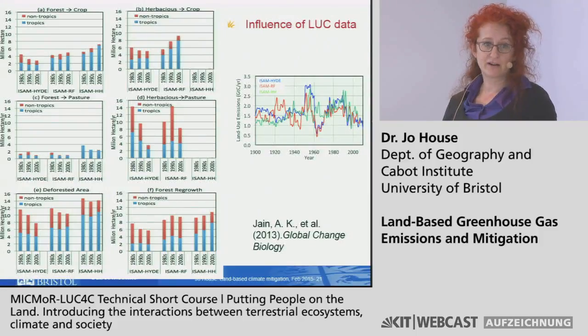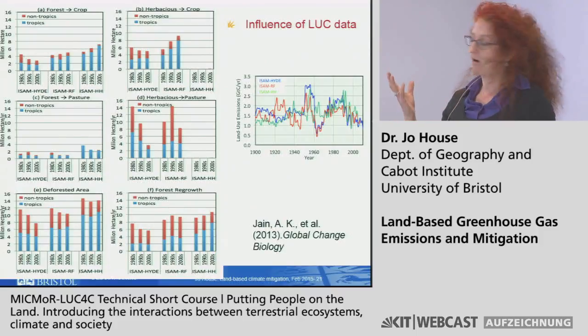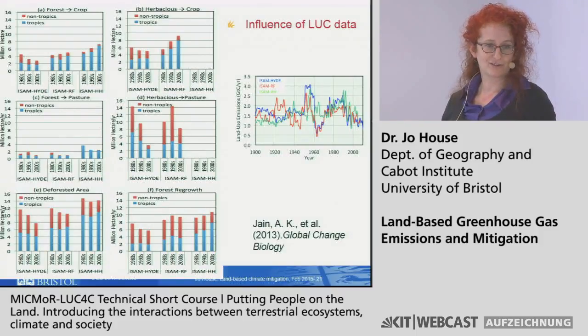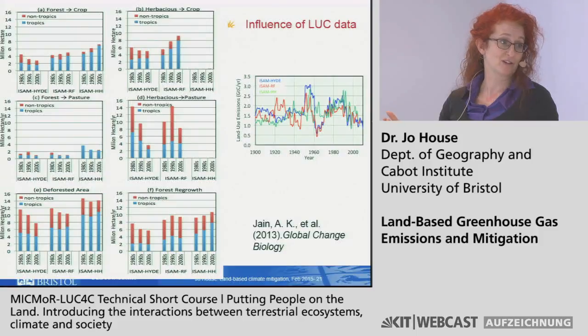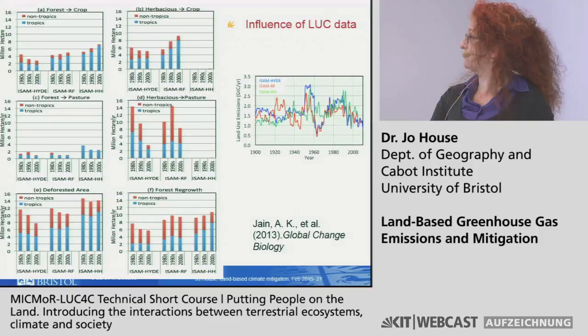So he looks at forest area change and then makes assumptions about what that means in terms of agricultural change. So you lose forest, you've gained cropland. Whereas the HYDE data set is based on agricultural change and then assumptions about whether that increase in crop area came from forests or from grasslands. So there's quite a bit of difference, even though it's from FAO data, between the different data sets.